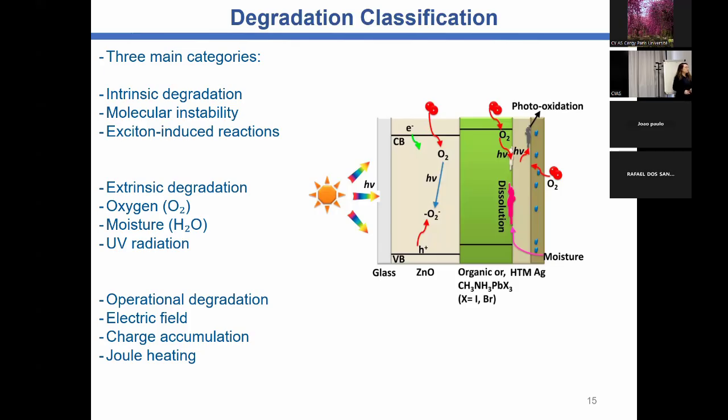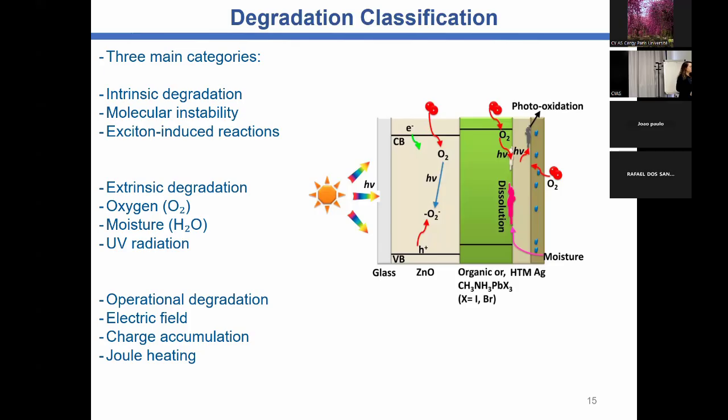And also, it's not just intrinsic degradation related to the materials, but there are also degradations of the devices related to operational degradation. So, for instance, the electric field. With application, sometimes we have different stresses coming from electrical issues.